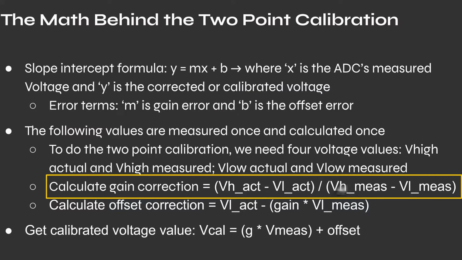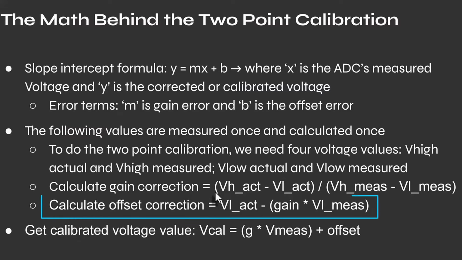We can do a simple equation to get the gain correction factor. And then once we have that gain correction factor, we can then calculate the offset correction factor. So this would be our gain correction factor times our measured low value minus our actual low value. And now we have our offset correction, right?